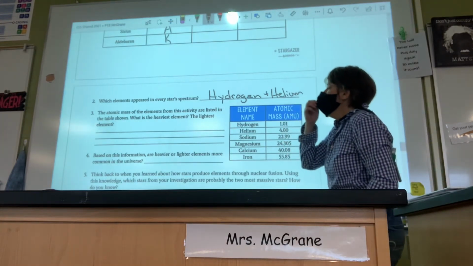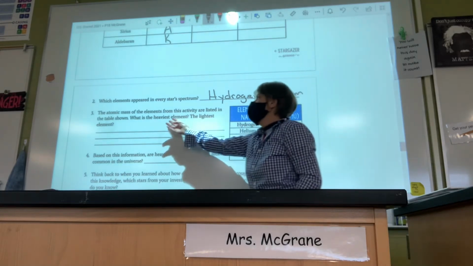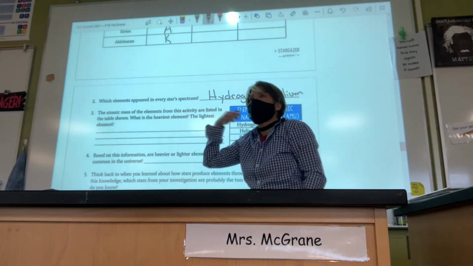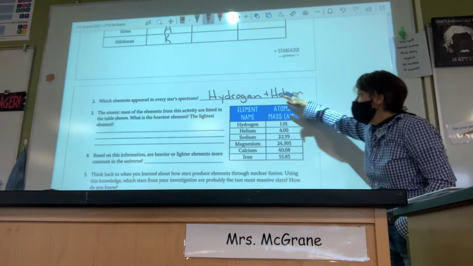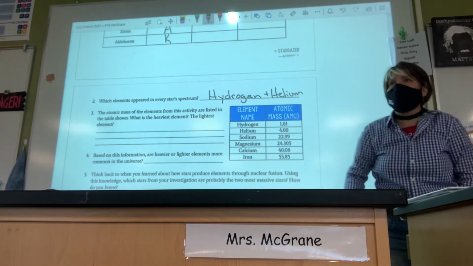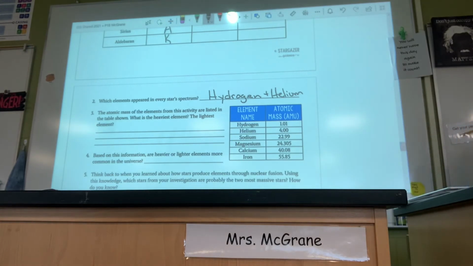So what is the heaviest element? And I hate that word, it should be most massive element, but what is the heaviest element? Misha, could you tell me what's the heaviest element on this list? Iron. Iron, very good. So we're going to go ahead and say heaviest element equals iron.